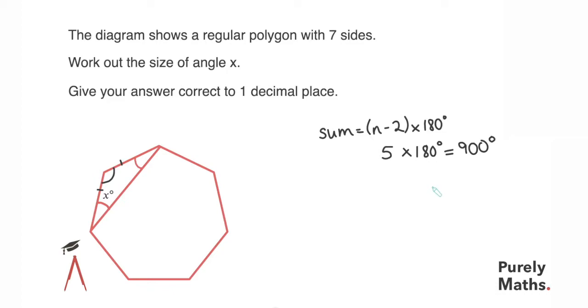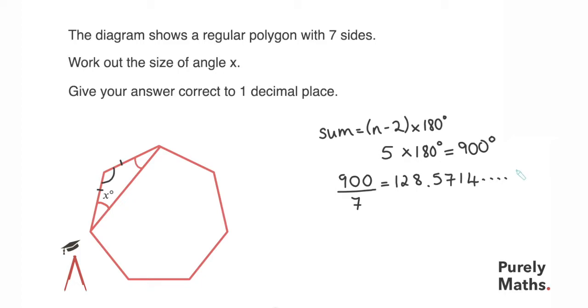To work out the size of one of them, I would just do 900 divided by 7, because they're all the same size. Put that in my calculator, and that gives me 128.5714 and some other numbers. Okay, so it's a non-terminating decimal.